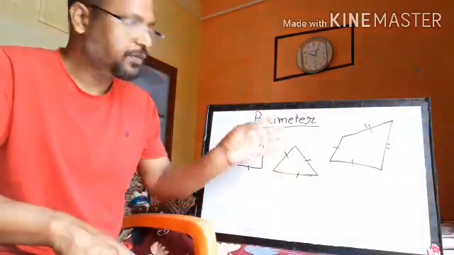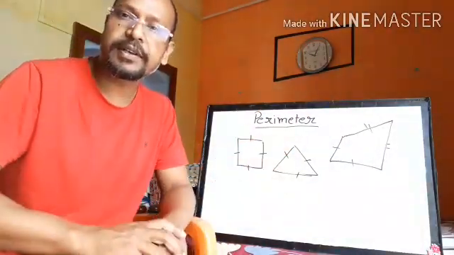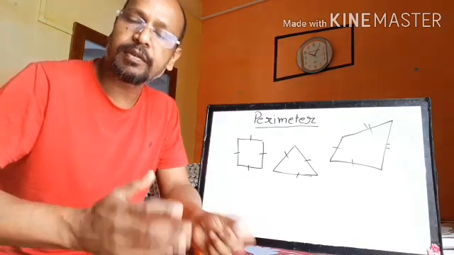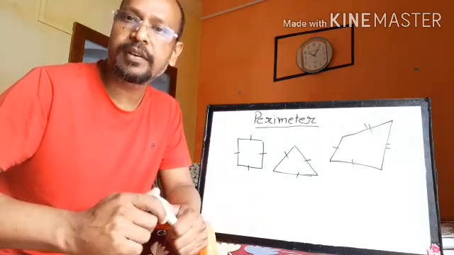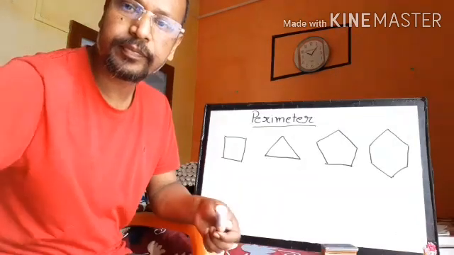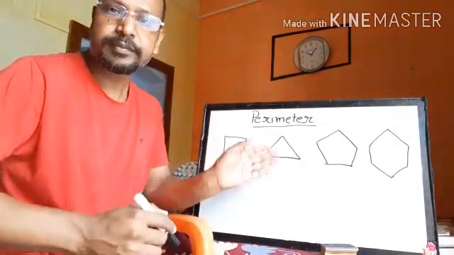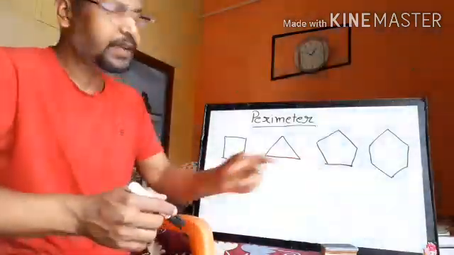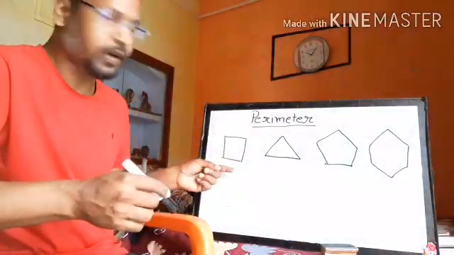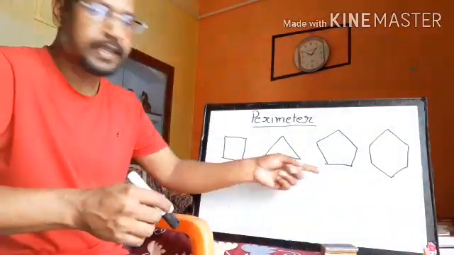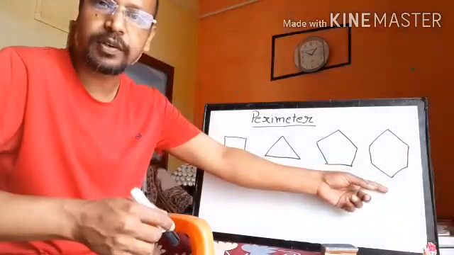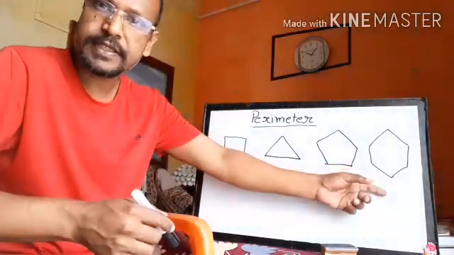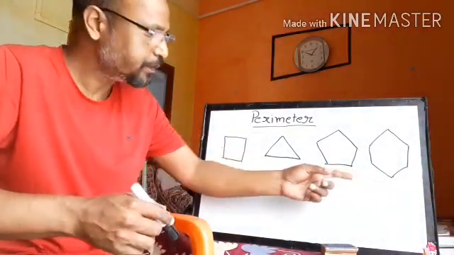So let's talk one by one about the perimeter of regular figures and irregular figures. Students, here I have drawn some regular figures on the board. It is a quadrilateral, a triangle, a pentagon and a hexagon. Hexagon has 6 sides, that's why it is a hexagon.